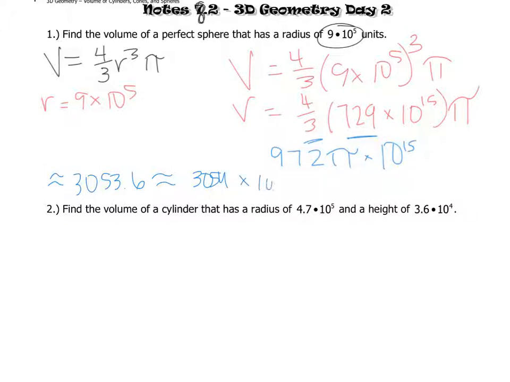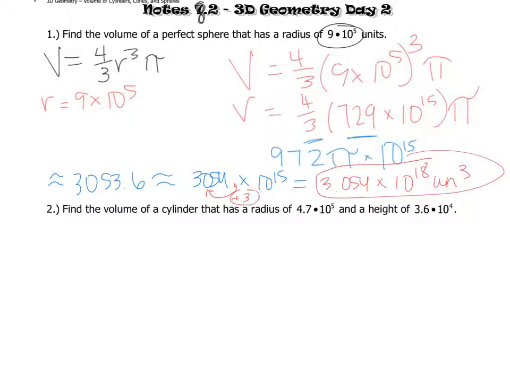And we still have 10 to the 15th power. And then we have to make this proper, so we're going to move this decimal 3 places. So we're adding 3 places. So 3.054 times 10 to the 18th units cubed. Remember that 3 gets added to the 15.